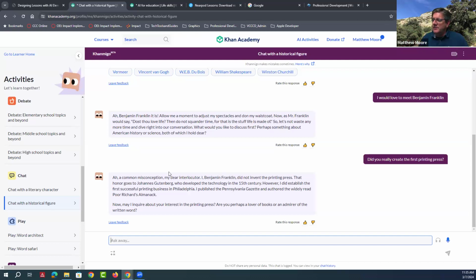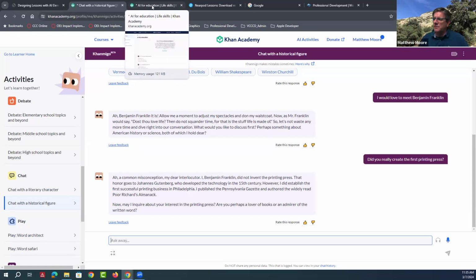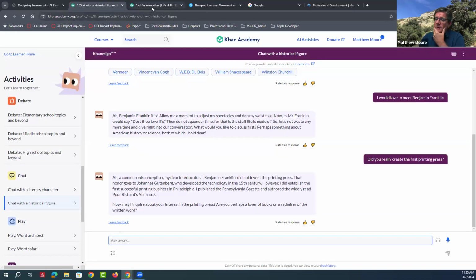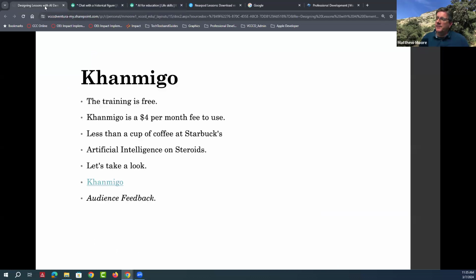Okay, so I'm not going to spend the entire time talking about this tool because it obviously can go into a few rabbit holes for sure. But that's the basic idea of Khanmigo, is it's set up to help a student, guide a student through a process and to help them answer questions.